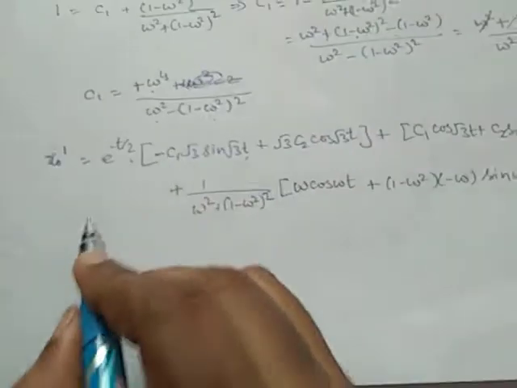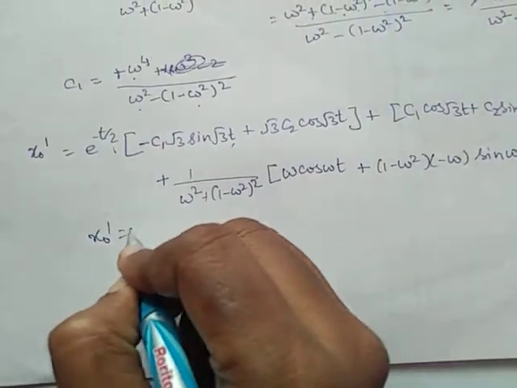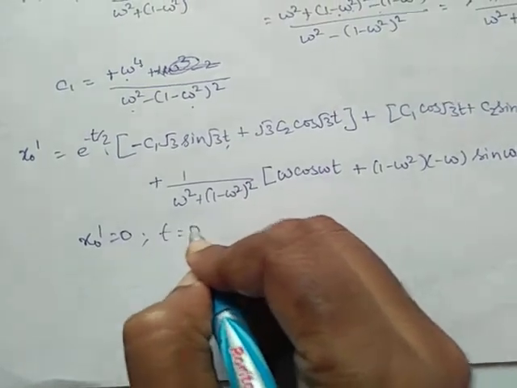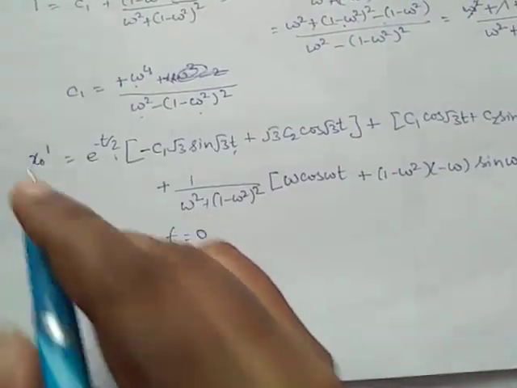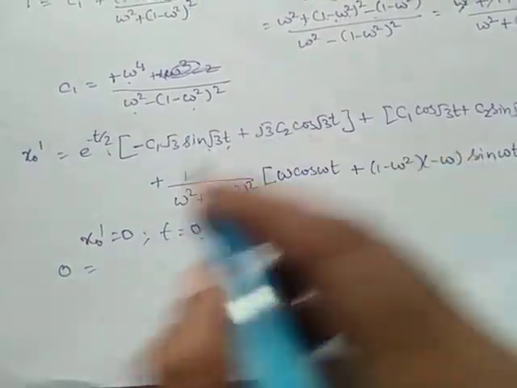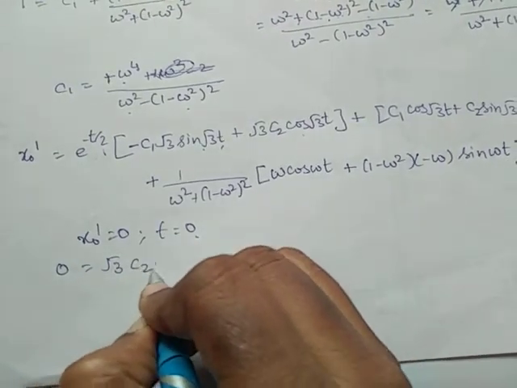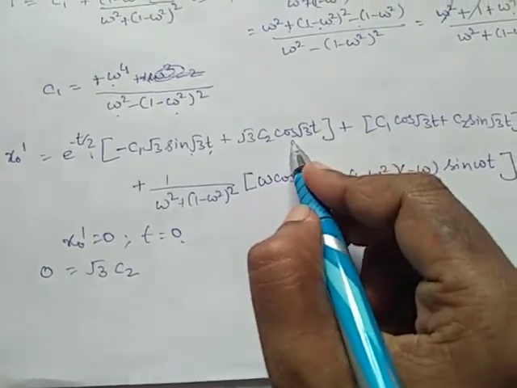Now we have to substitute x naught dash equal to 0 and t equal to 0 in this equation. X naught dash is 0, t is 0 means e power 0 is 1, sin t is 0, we will get cos t. Root 3 c2, cos t is 1.